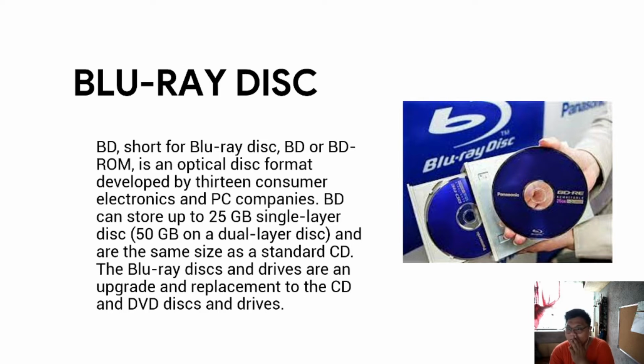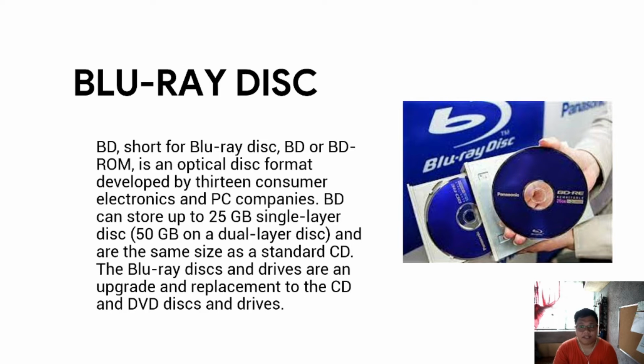Physically, CD, DVD, and Blu-ray disc have the same size. Meaning they use the same size of disk drive, the hardware wherein we put this disk. However, the main difference among these three is their storage capacity.